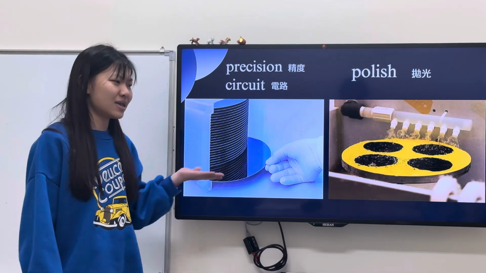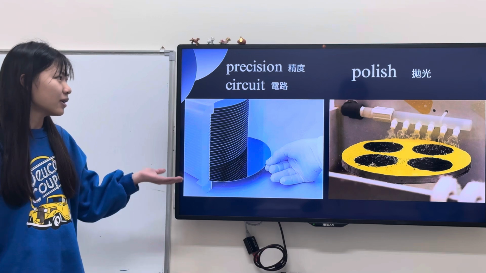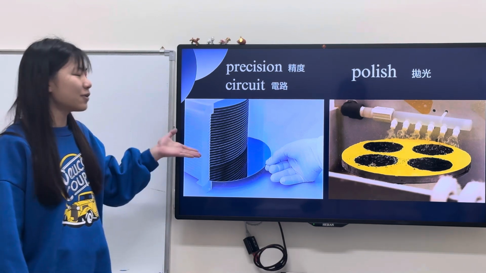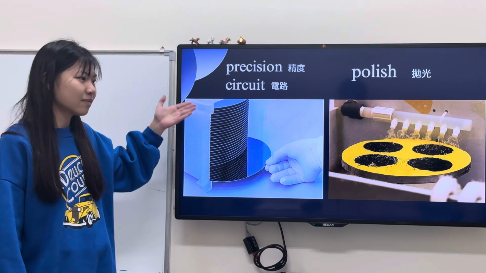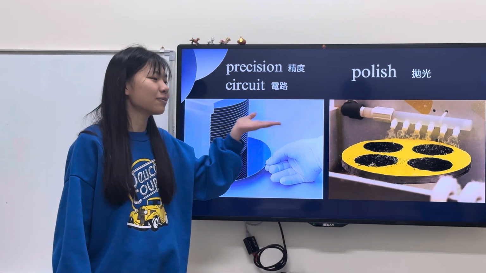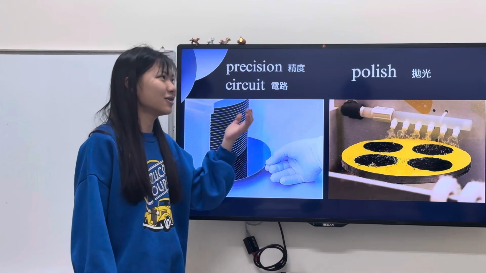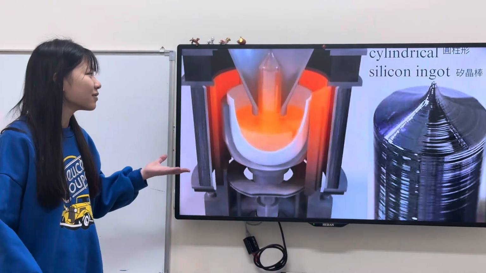However, the surface of the pieces is rough, and it will negatively affect the precision of the circuit. So the polishing machine is here to polish the wafer. Then the wafer is ready.